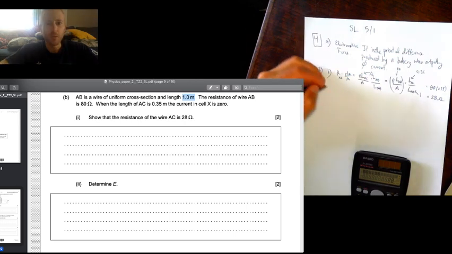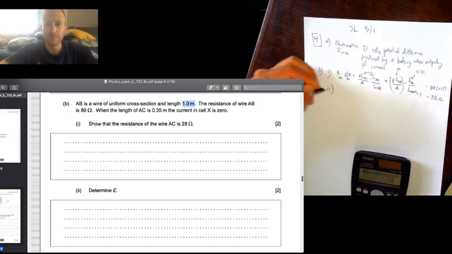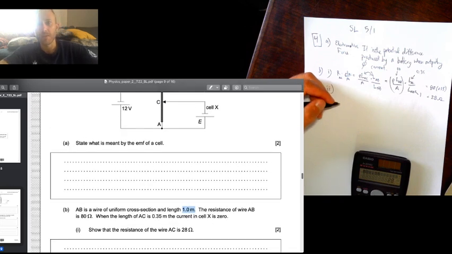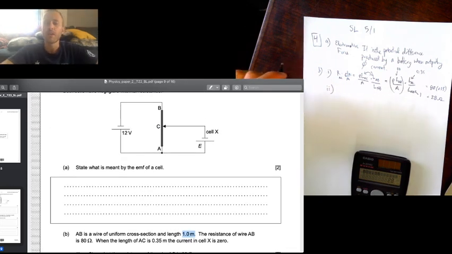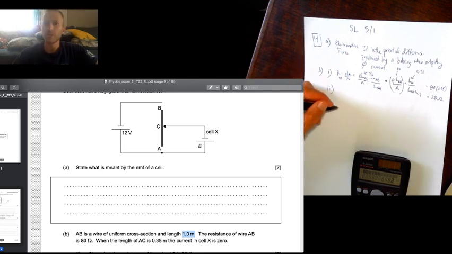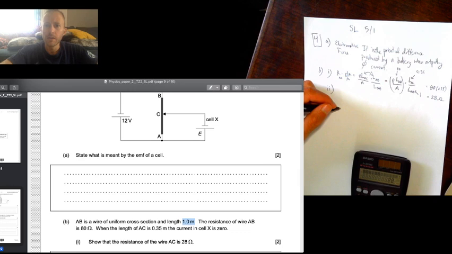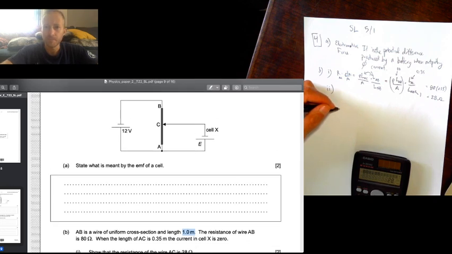So now we want to determine E. E is the EMF of cell X. Let's see what this says here.